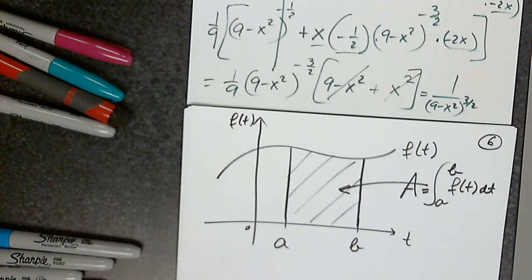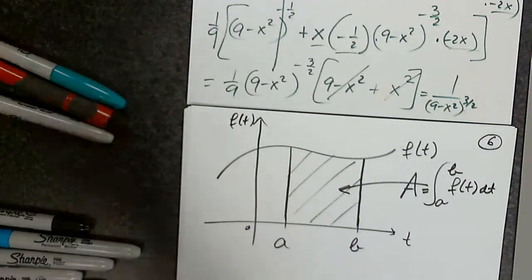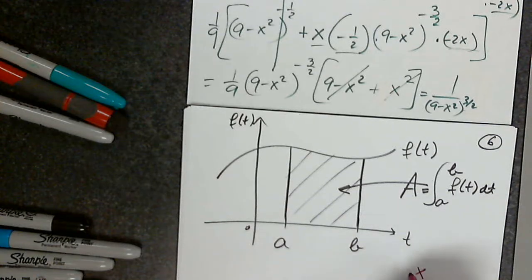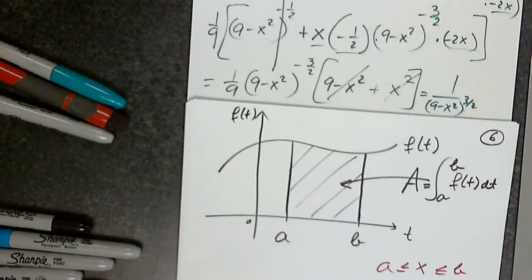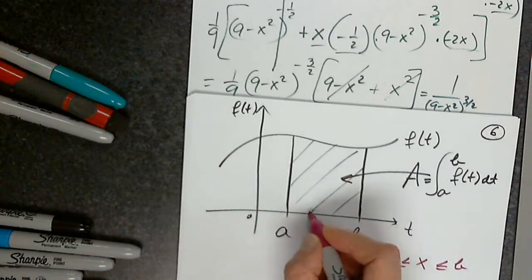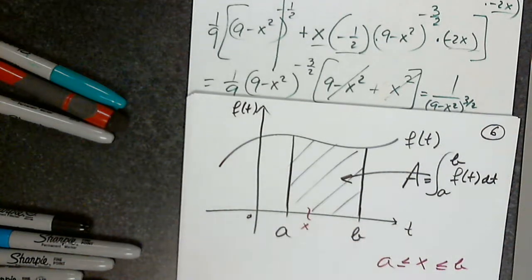Is this okay? Agreed? Okay, here's what I want to do next. Somewhere between a and b, I'm going to come up with x. And you can say, but you have t here. What is this x all about? I'm going to say that x is a number that goes anywhere between a and b.